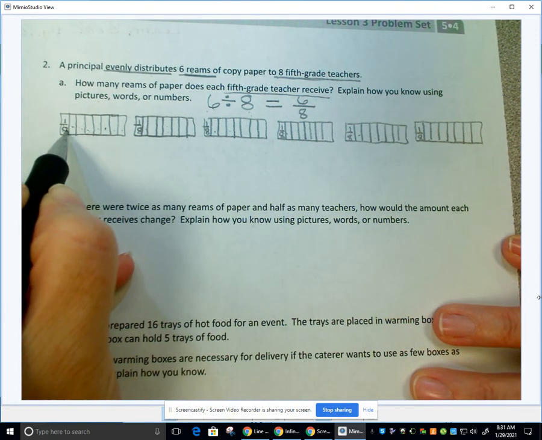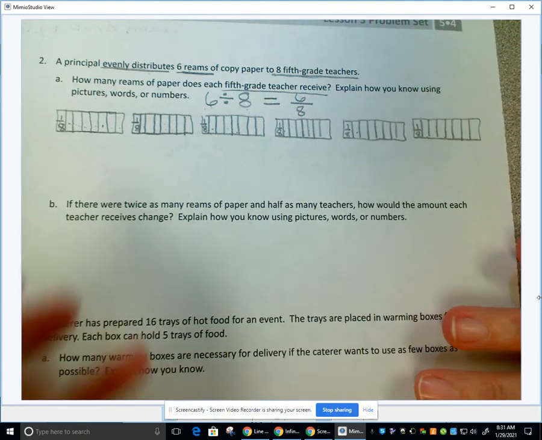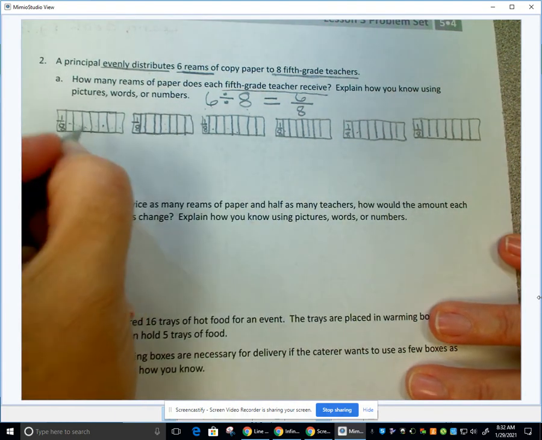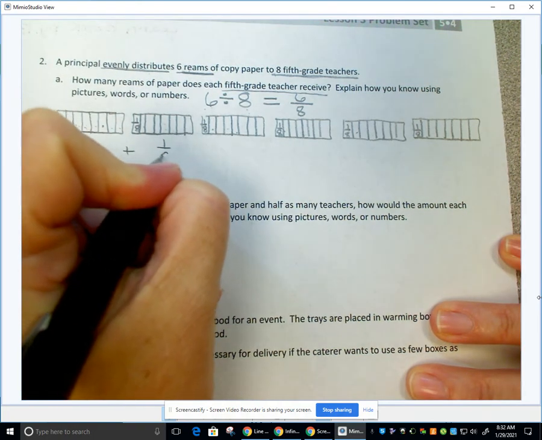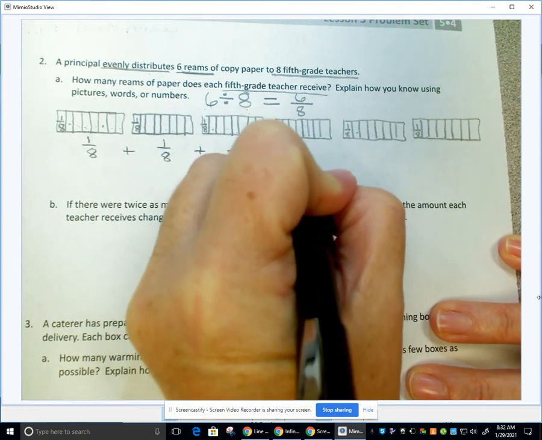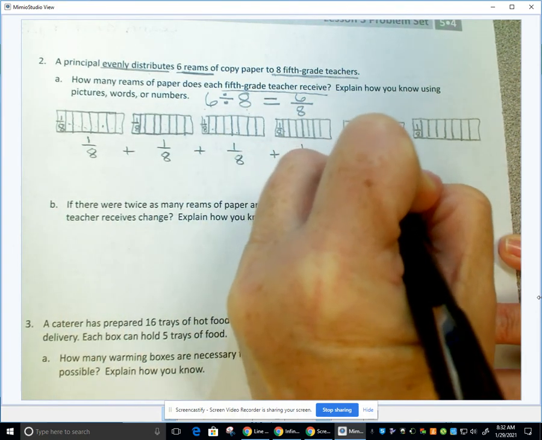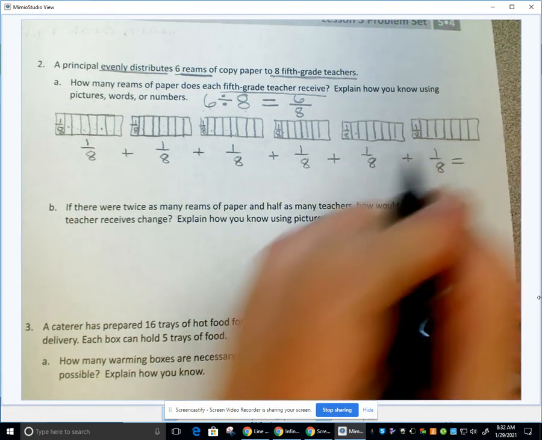Now, teacher 1 is going to get 1/8 of each pack, and all of the teachers will get 1/8 of each pack. So I'll add 1/8 plus this 1/8 plus this 1/8 plus this 1/8 plus this 1/8 plus this 1/8. And let's add that together and see what we get.